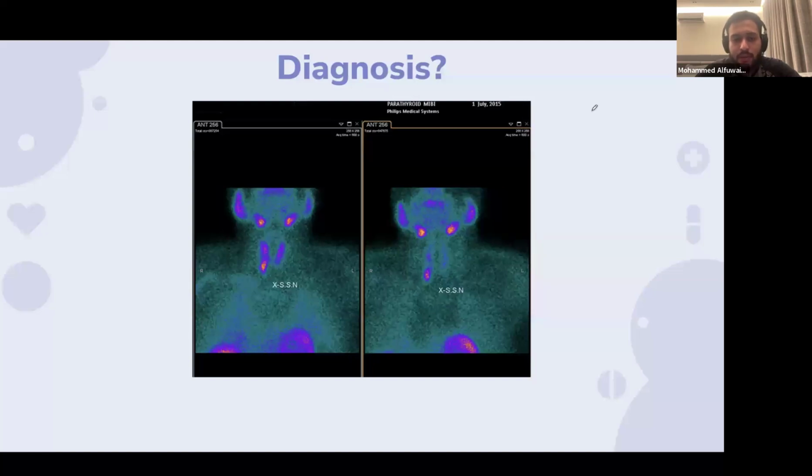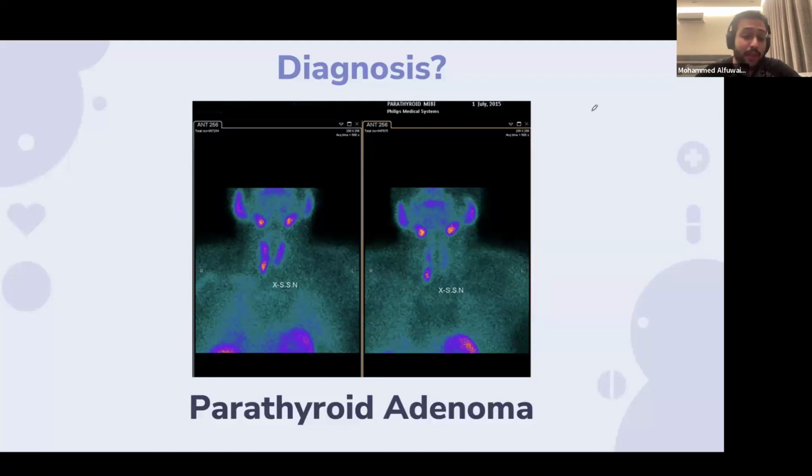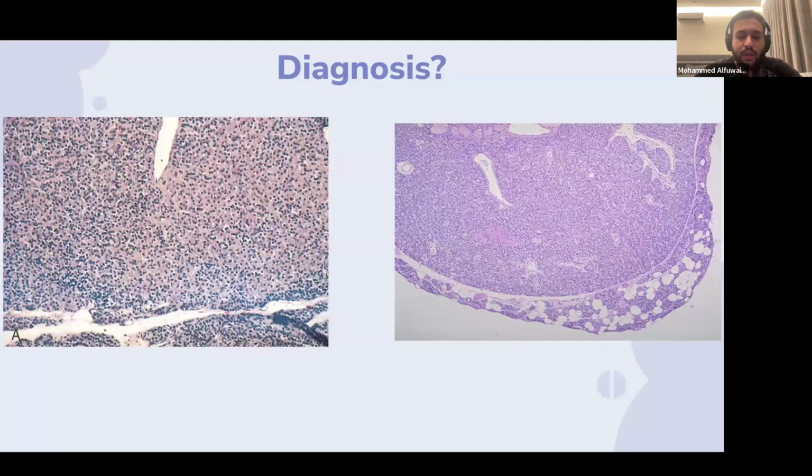You do this uptake, which is the MIBI scan, which is very specific for the parathyroid glands. And it will show you uptake in one of the glands, not all four, one of them. So this is parathyroid adenoma, which is a tumor that's secreting high amounts of PTH.